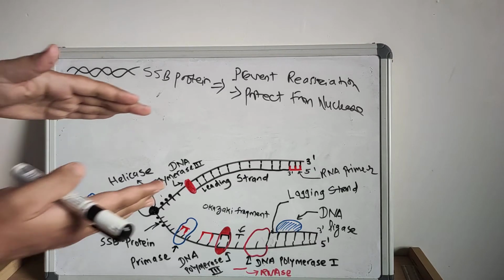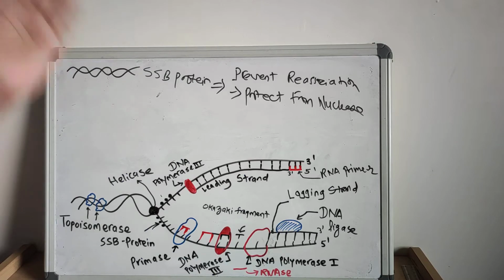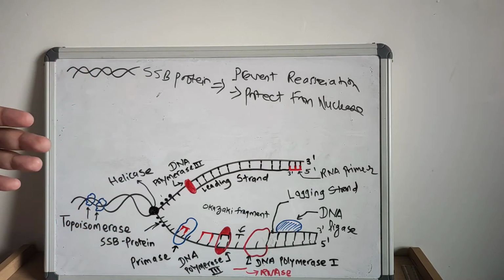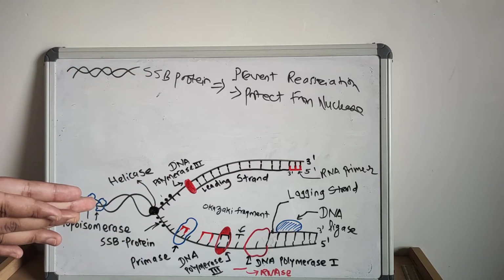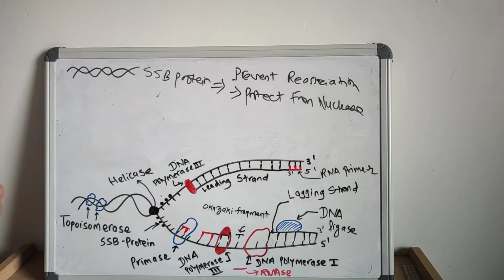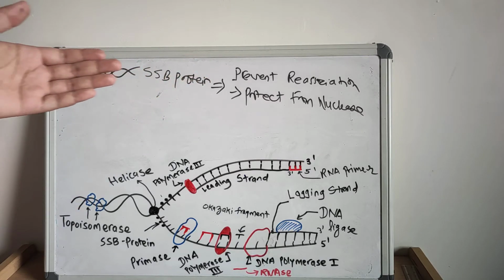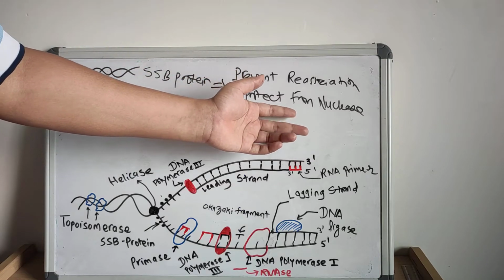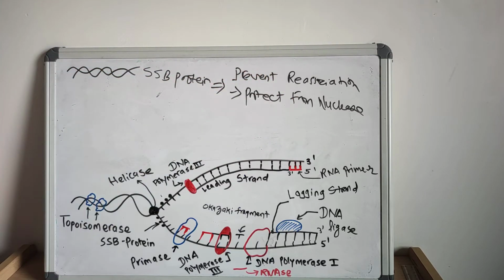So after we open the DNA, we break down the hydrogen bond, and the DNA molecule is such a wonderful molecule that it tries to reassociate. So to prevent reassociation, SSB protein is there, and SSB protein also protects it from the nucleases.